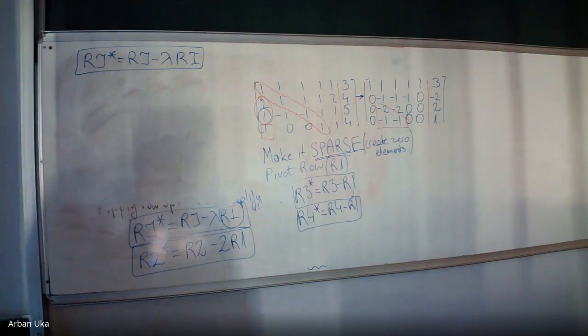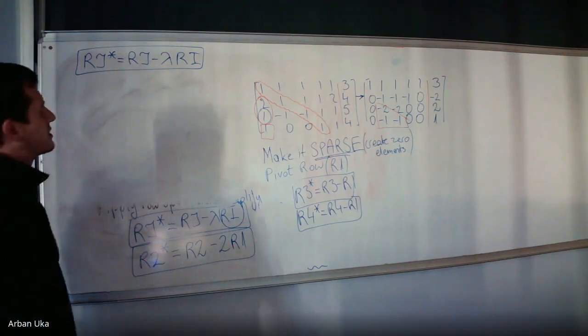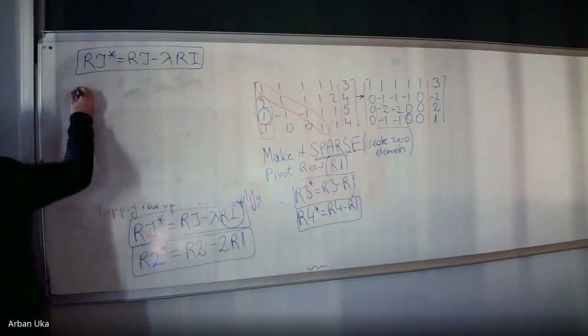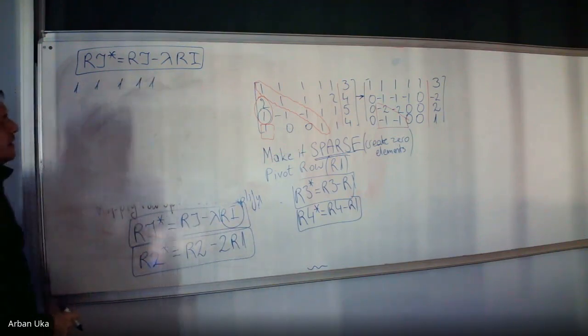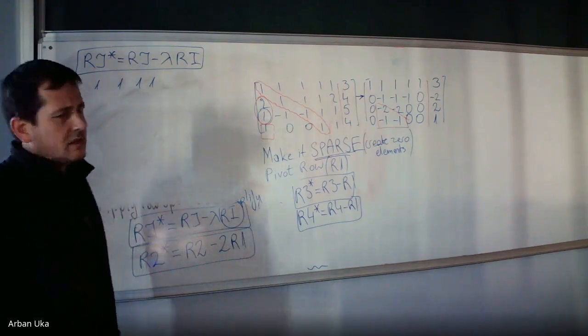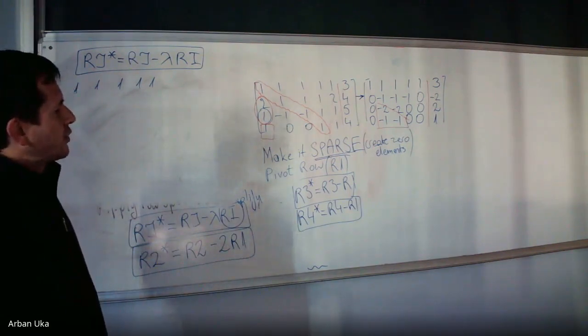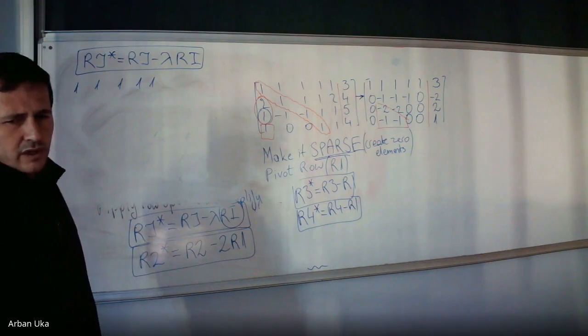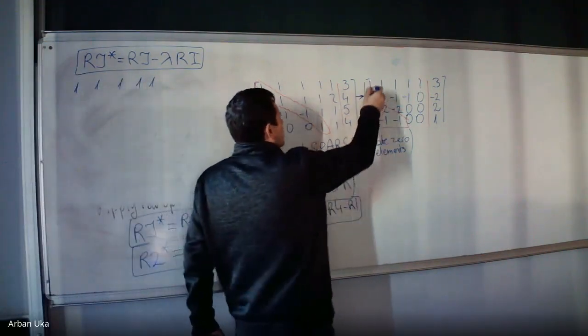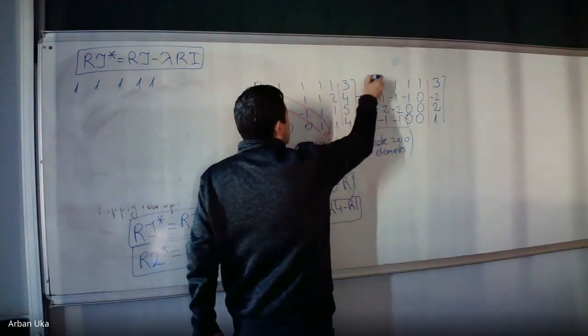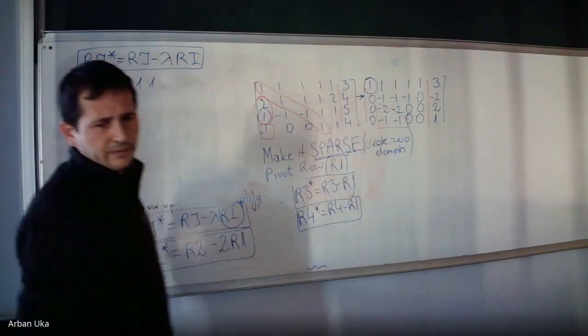So what is the next step? The next step that we can do is that we can multiply. So here we have 1, 1, 1, 1, 1. And we can multiply the second row by minus 1. The reason we want to multiply it by minus 1 is that we want the pivot elements to be 1, okay?